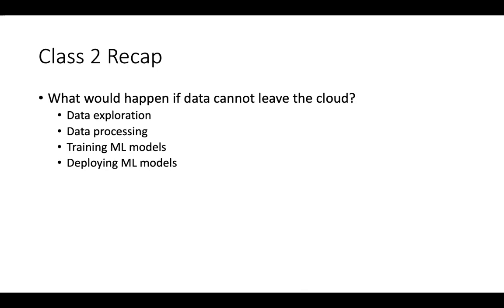And also, deploying the machine learning models. Let's say you've trained your machine learning model on the cloud, paying a lot of money, and you finish the training and you have the parameters, and you want to deploy it on your local server.